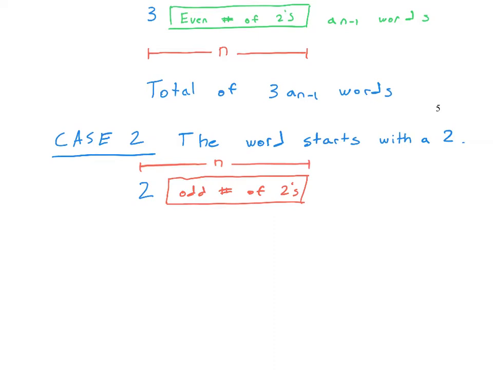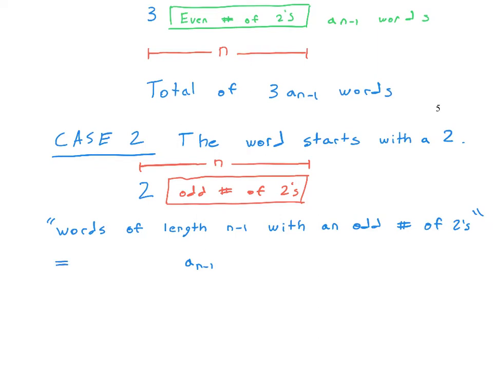So what we'd like to do is find a formula for how many words have an odd number of 2's of length n-1. Okay, and let's remember that a sub n-1 represents the words that have an even number of 2's.